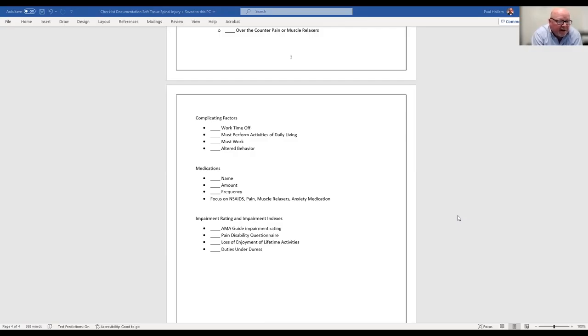Did they alter their behavior? Now, when we say alter their behavior, we're specifically making it relevant to that injury. I'm not just going to look at the whole body. I don't care if they altered their behavior with their lower back. It's irrelevant. Altered behavior to me, I'm focusing on the neck. Did you alter, and what part of the neck? The plane of motion of the neck. Well, what plane of motion am I paying attention to with this patient?